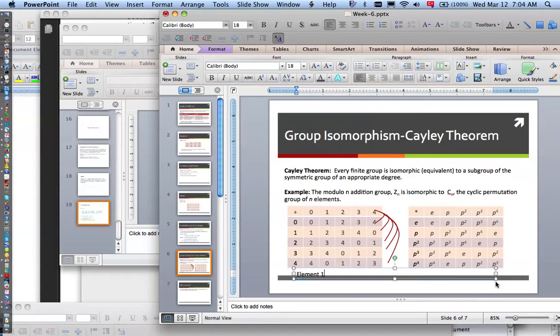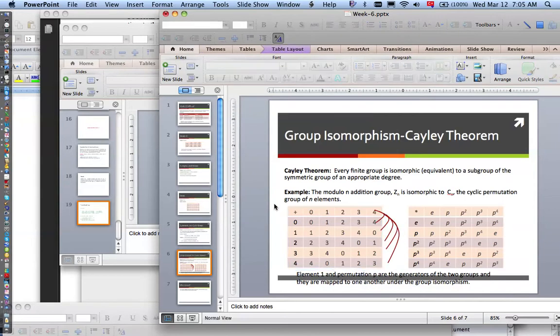Element 1 and permutation P are the generators of the two groups, and they are mapped to one another under the group isomorphism. Okay. So this establishes it.